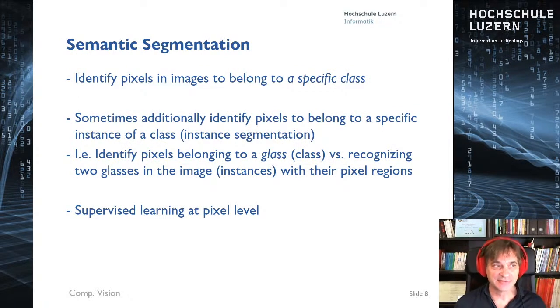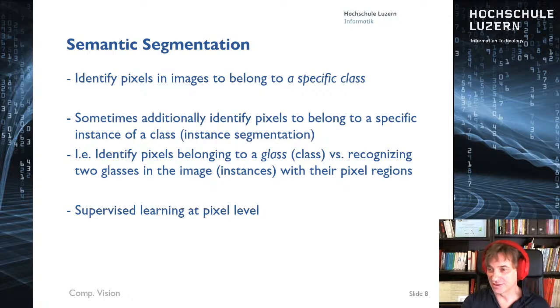So semantic segmentation means we want to identify what pixels belong to one specific class. Sometimes, additionally, we might want to identify pixels as belonging to the same class, but also to one object, as compared to just different objects of the class, which would be class segmentation on the pixels, or instance segmentation on the pixels.